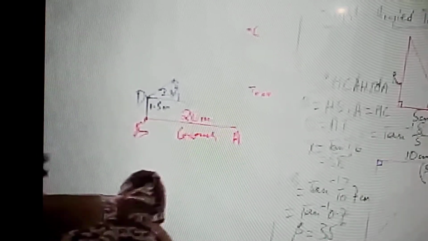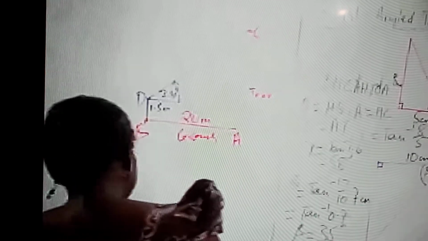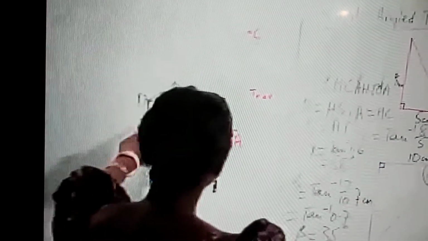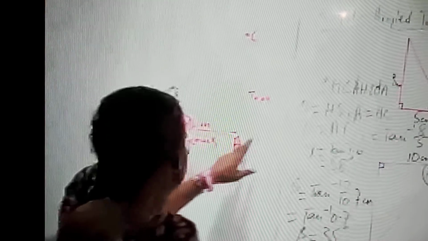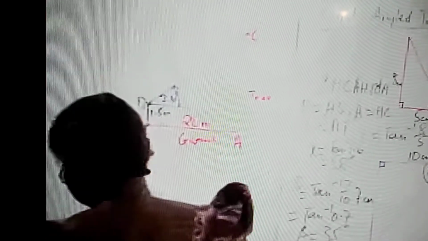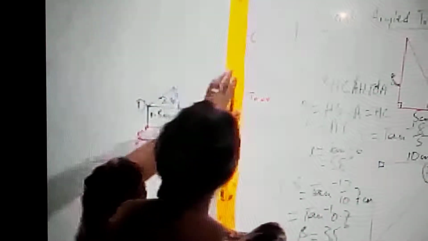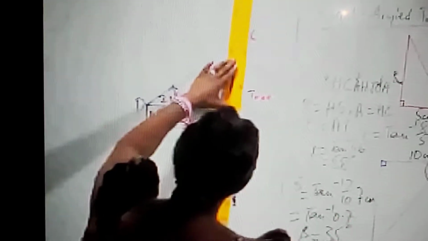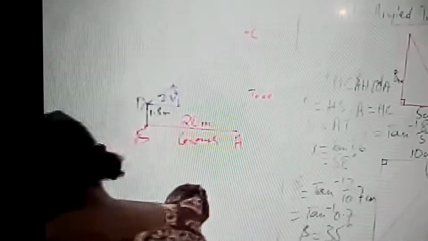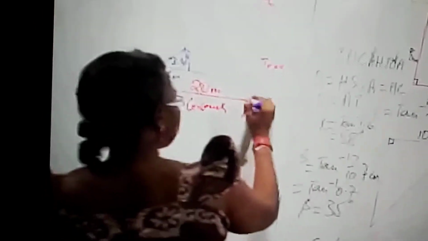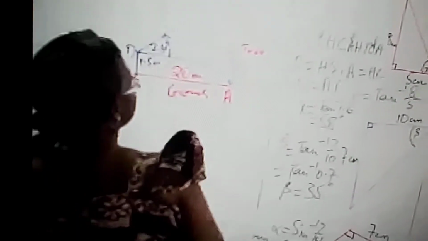Calculate the height of the tree to the nearest meter. The height of the tree, remember, this point is 1.5 meters above the ground. The height of the tree will come from here to here, the whole of this distance we are looking for.